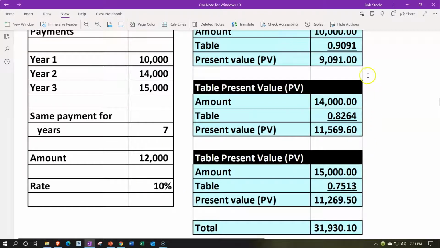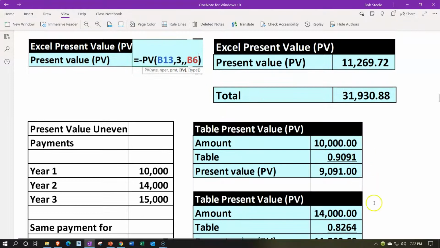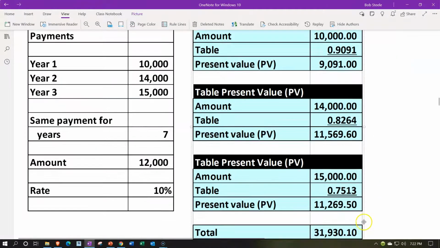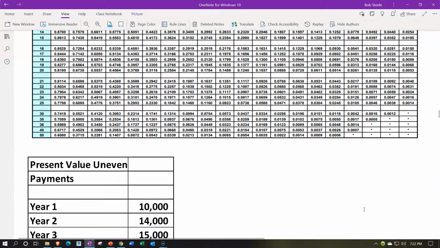The 3 added together, the 9,091, the 11,569.60, and the 11,269.50 gives us 31,930.1. Similar, not quite the same as the 31,930.88 due to the fact that these 3 numbers are rounded to 4 digits and are slightly different due to the rounding.